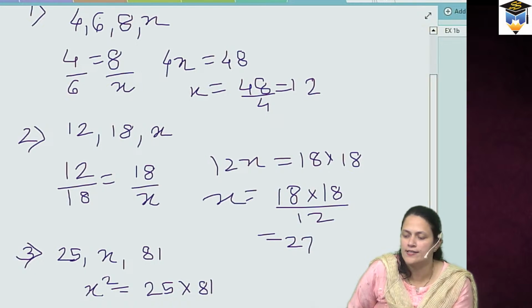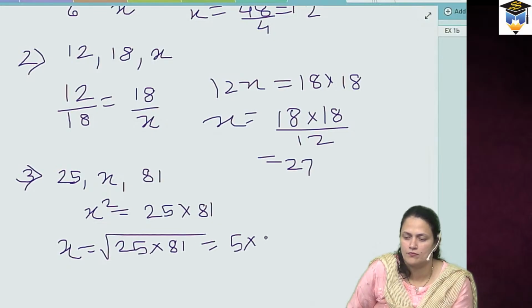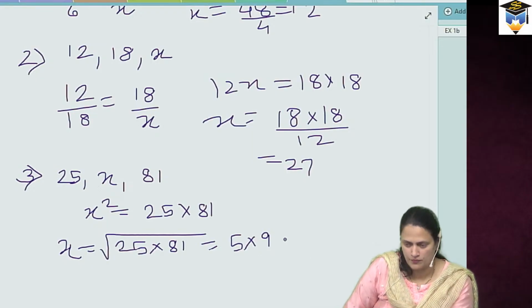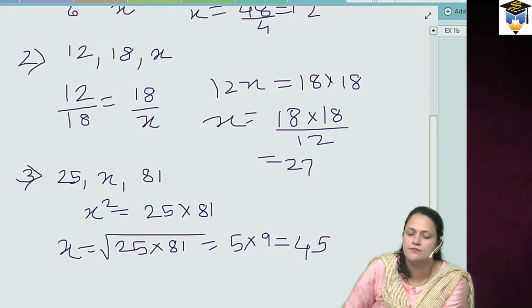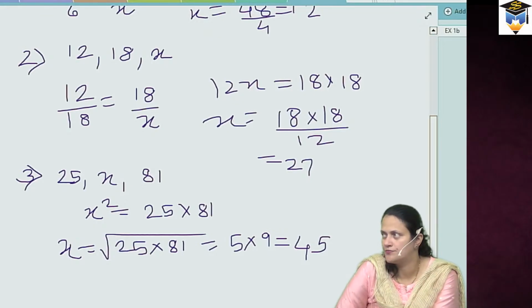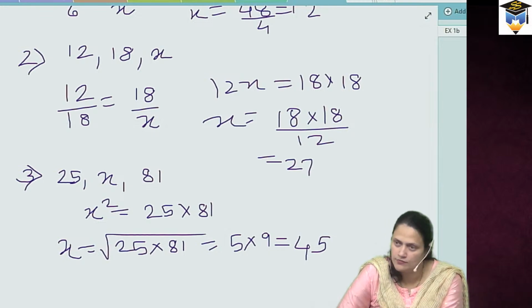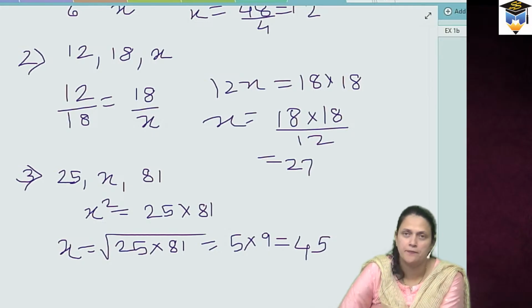Find out the value of x. Option C for the third one. Correct.